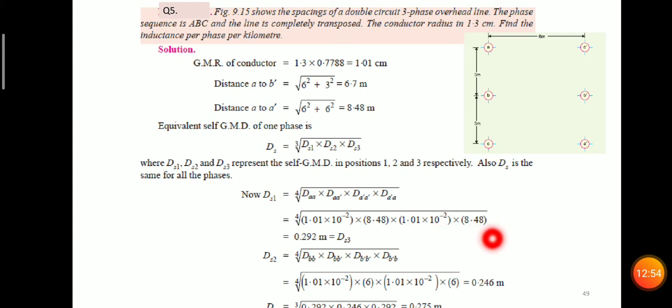Now we can find Ds2, the fourth root of DBB, DBB dash, DB dash B dash and DB dash B. DBB is the same as the GMR, and the distance between B and B dash is 6 meter. Substituting, we get 0.246 meter. Then Ds is the cube root of Ds1 into Ds2 into Ds3, which gives 0.275 meter.